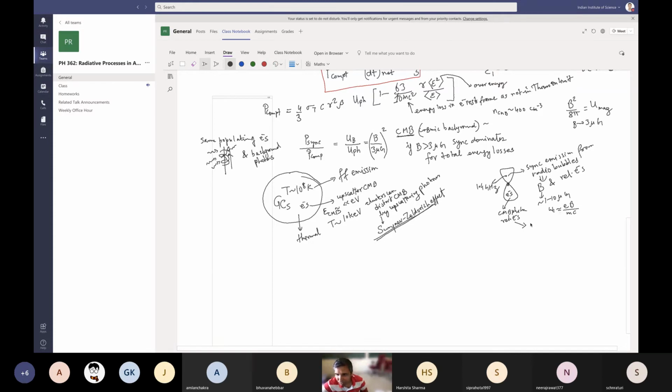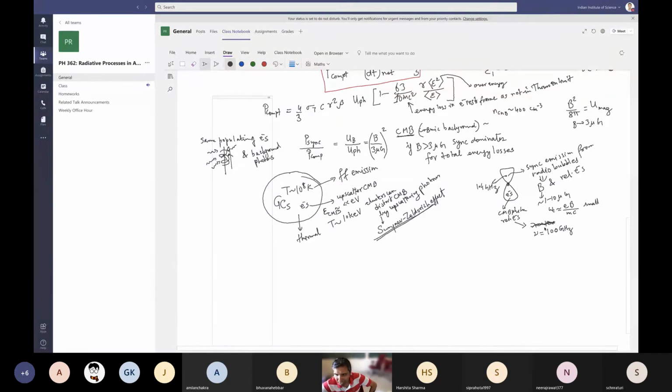Whereas the CMB photon wavelength is like 1 centimeter; the frequency for 21 centimeter is 1.4 gigahertz. The CMB peak is about 100 gigahertz, or 200 gigahertz, right? Whereas this is quite small.